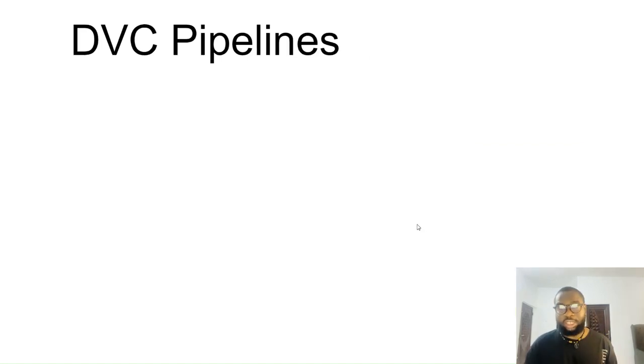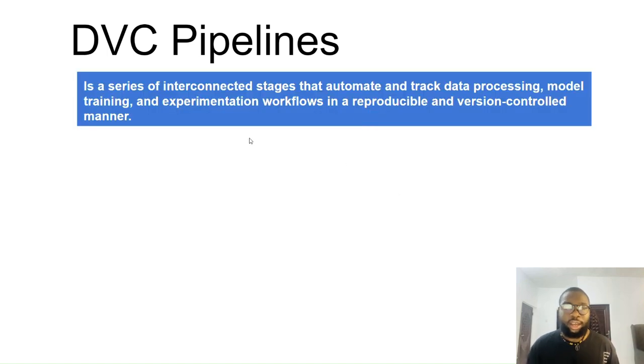We're just fetching that. So now, before we go into pushing to the directory and pulling from the directory, let's first of all create a pipeline. So what's a pipeline here?